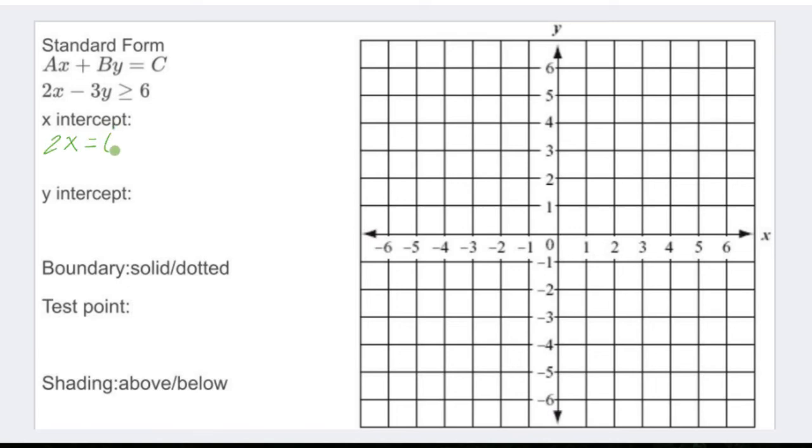So 2x equals 6, so divide by 2. We know our x-intercept is 3. Same thing with the y-intercept. We just want -3y equals 6, so divide by -3, and the y-intercept is -2.